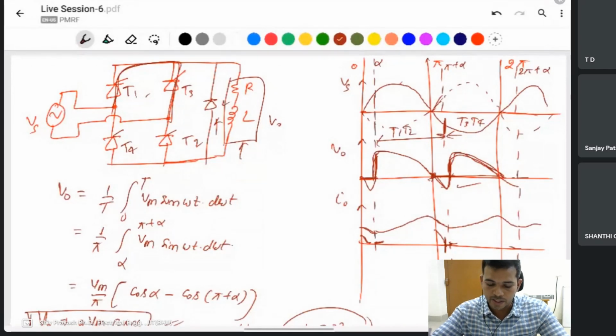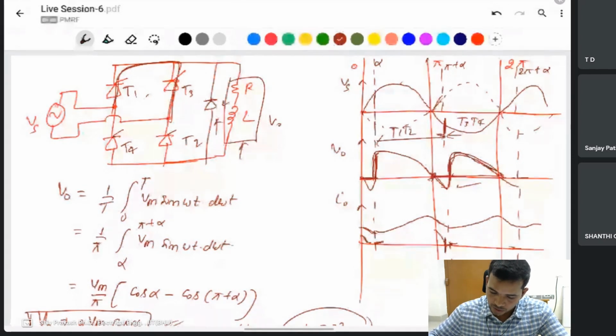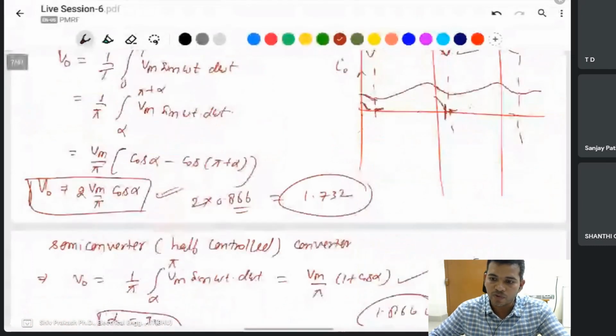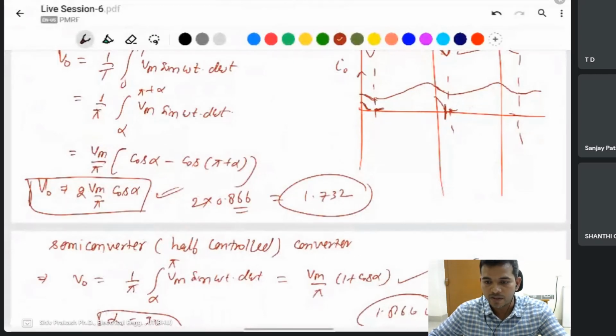If you do a Fourier analysis of the harmonics, you will find the harmonics are more in a half control rectifier with respect to a fully controlled rectifier.